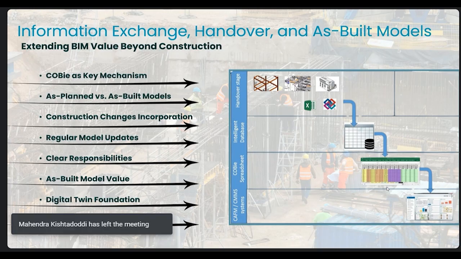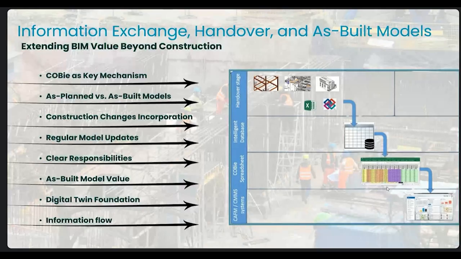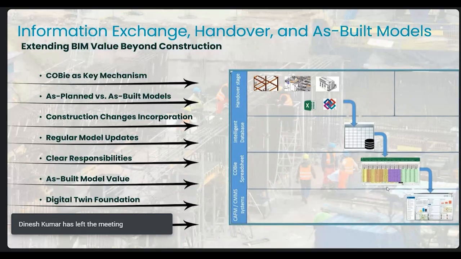We need to do those kinds of POCs for each and every project, understand in detail, and for that you need to read everything in detail and implement with strong BIM knowledge. Okay. So again, COBie will work as a mechanism over here, which will be helpful to understand your as-plan and as-built model.